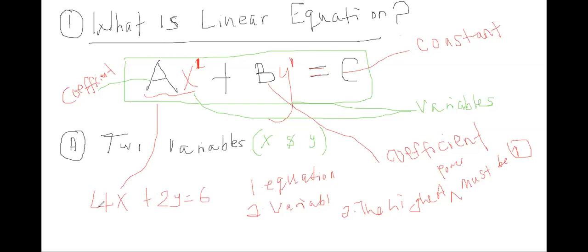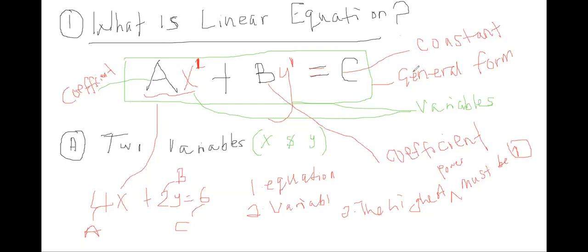So obviously the 4 here is the A, and the 2 here is the B. And of course, x is here, and y is here, and 6 is the C. So we call this the general form. Some people might even call it the standard form.